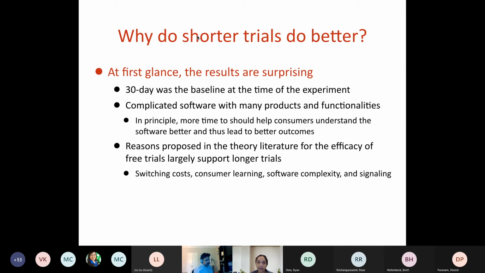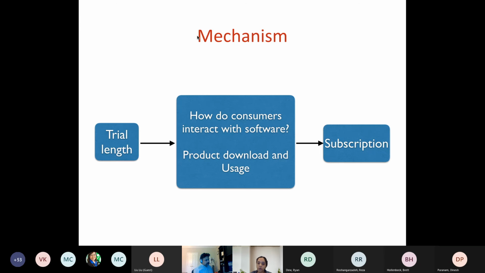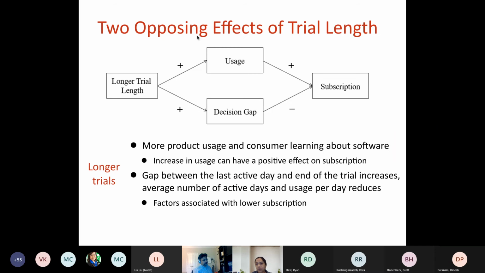So it's worthwhile digging a little bit more to see what might be the mechanisms at play. This is a little picture for us to think about how trial length affects subscription. Trial length changes how consumers interact with the software, download and use it, which in turn can affect subscription. What we particularly find is that there are 2 opposing effects of trial length.